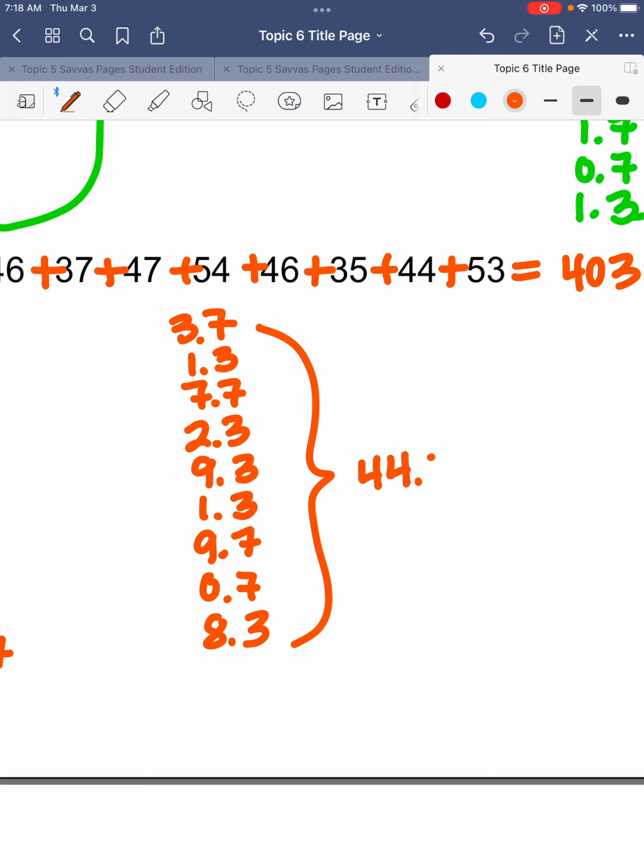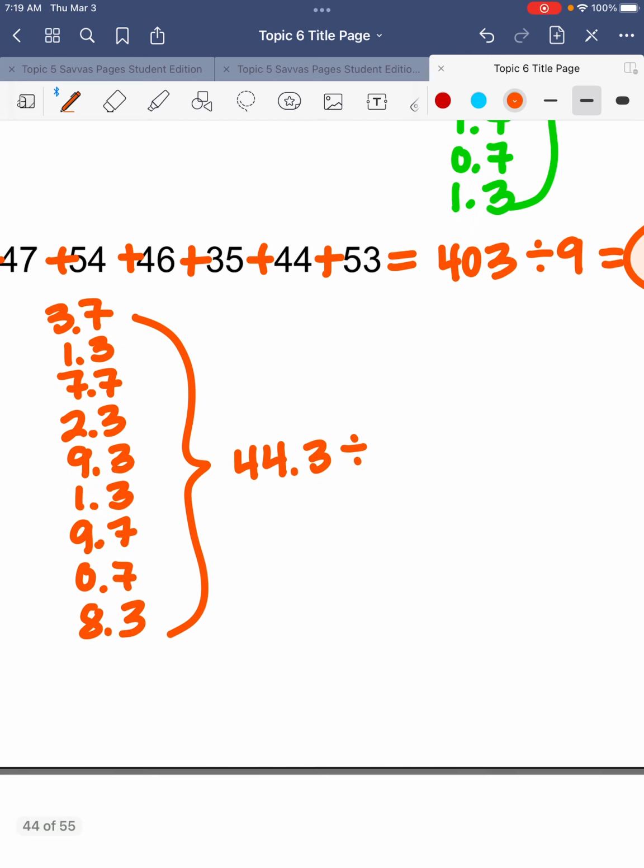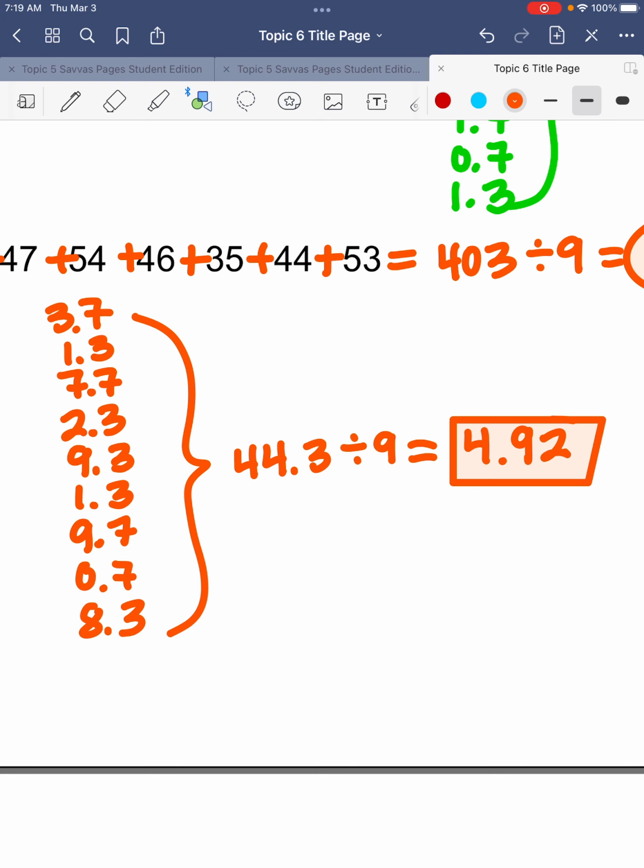Now I need to divide that by the total number of terms that we have, which is the same number as before. It's 9. So 44.3 divided by 9 gives us 4.92, and that 2 repeats. So 4.92 repeating is our mean absolute deviation.